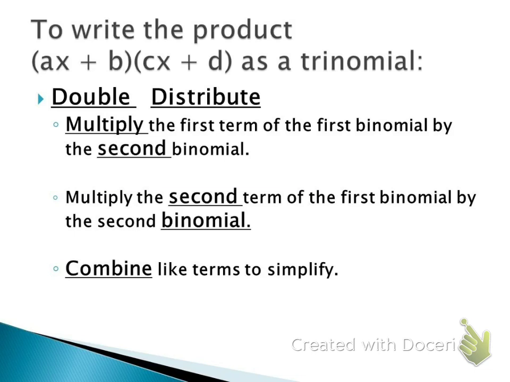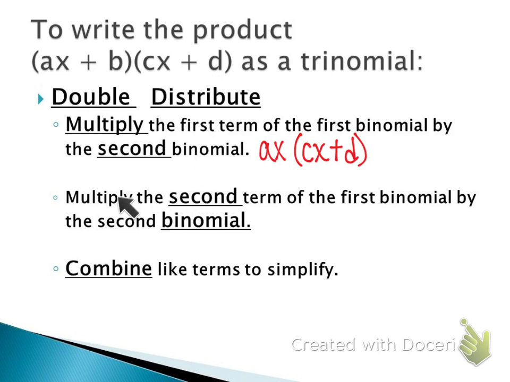So I'm going to take ax, and it says I'm going to multiply it by the second binomial. What's the second binomial? From what they gave me up here, what's the second binomial here? Cx plus d. So a binomial means 2 terms. So I would take ax and multiply it to cx plus d.